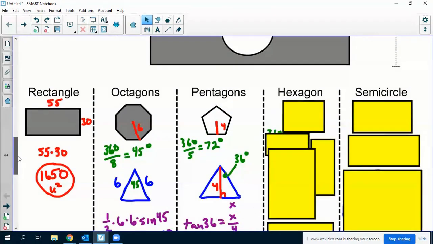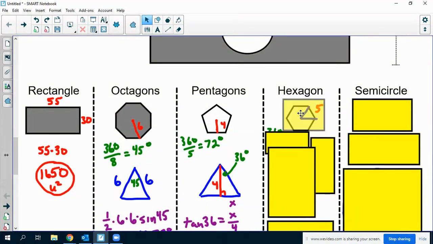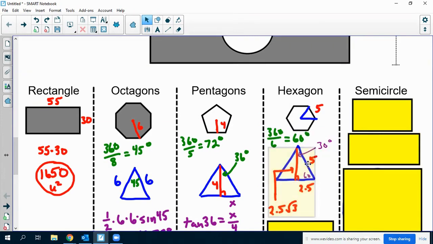Now let's take the hexagon. The hexagon has side length 5, and there's only one of them, so I don't have to worry about that. 360 divided by 6 gets me 60. And then I have this shape. If the side length is 5, I cut it in half with the apothem, and I get 2.5.